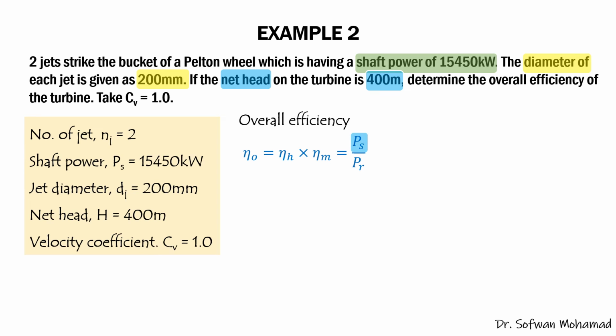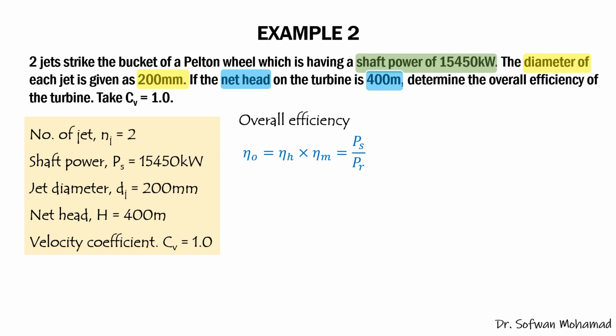So we already know the shaft power is given in the question, equal to 15,450 kilowatts, but we don't know the power developed at the runner, so we have to calculate this one.